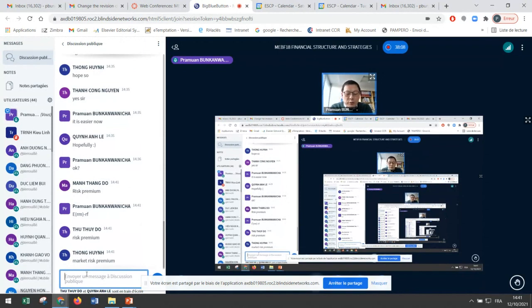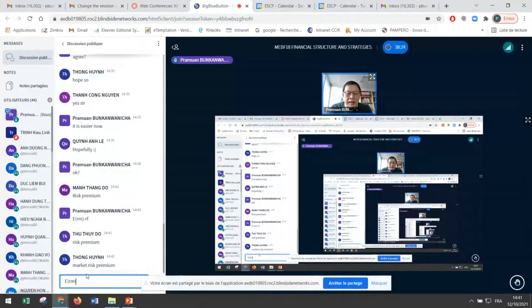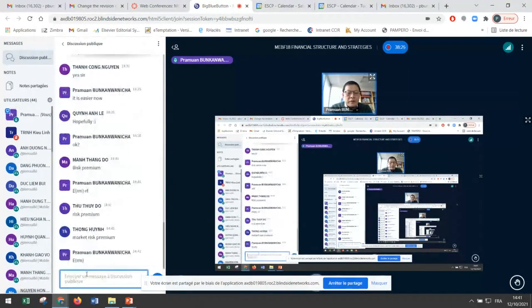It means the excess return above the risk-free rate that you are going to expect to get if you invest in the market portfolio, right? The ERM represents what? Expected market return.